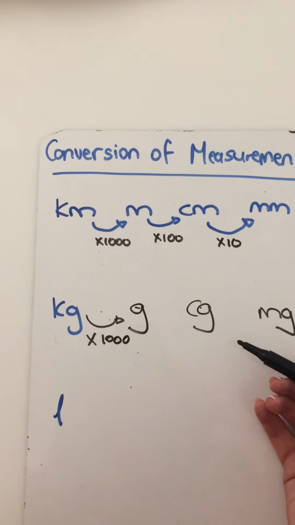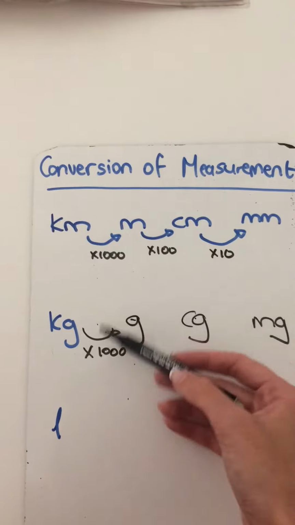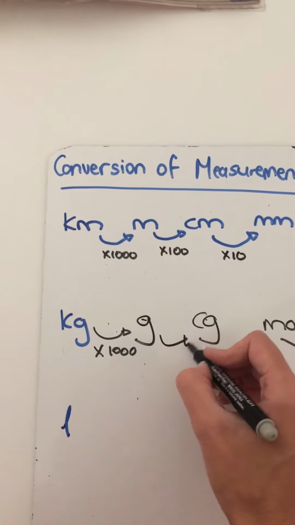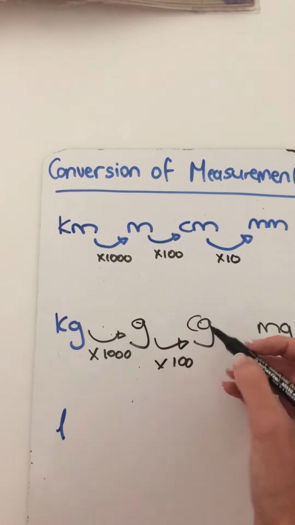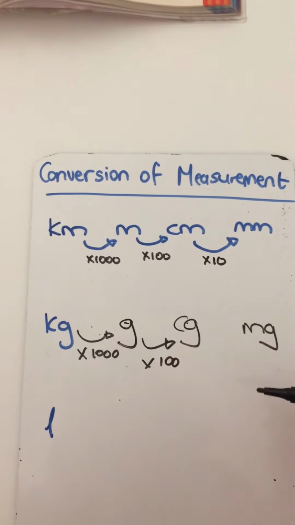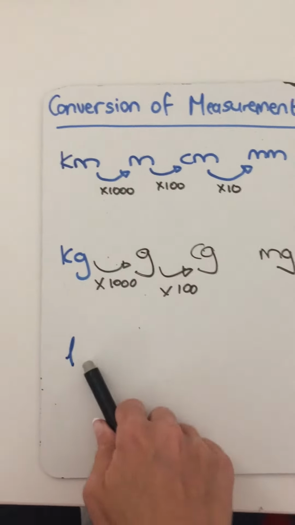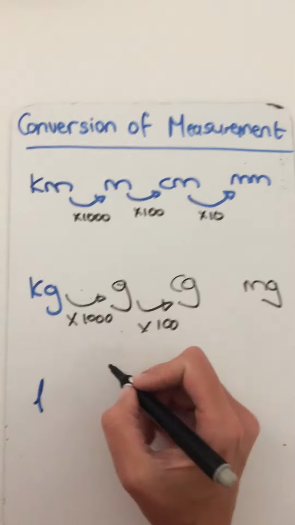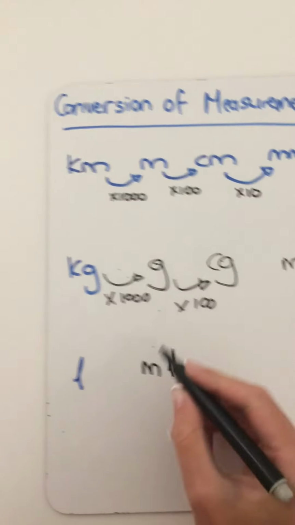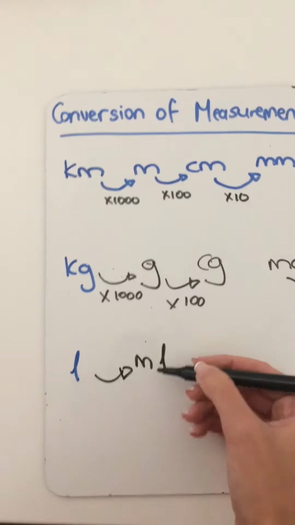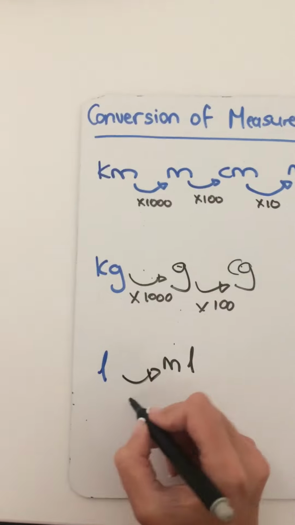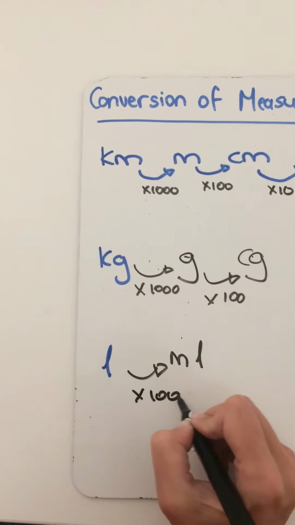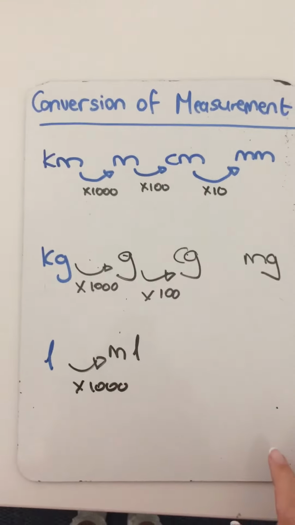If you want to get from grams to centigrams, again you multiply by 100 because there are 100 centigrams in a gram, and so forth. It works the same with liters. If you want to get from liters to milliliters, because there are 1,000 milliliters inside a liter, you need to multiply by 1,000.